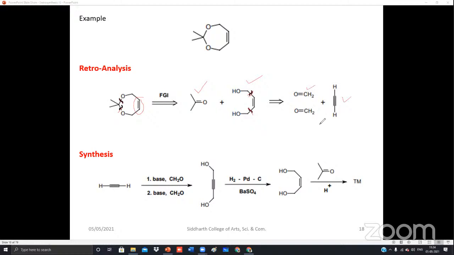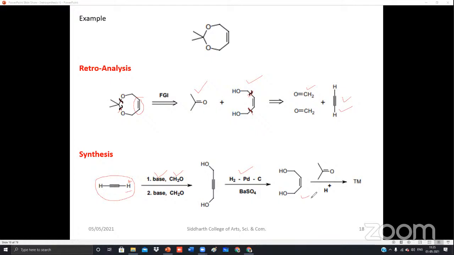So 2 moles of formaldehyde react with acetylene in presence of a basic medium, because acetylene will be active or reactive, particularly in presence of base, because of the active proton. Okay, these protons react with the base, become nucleophilic, and then the formaldehyde will react and you will get the primary alcohol. And this will be reduced with the Lindlar catalyst again, and you will have a cis geometry, because Lindlar will give the stereoselective reduction.